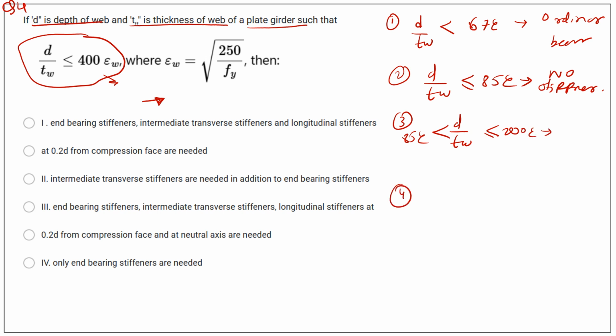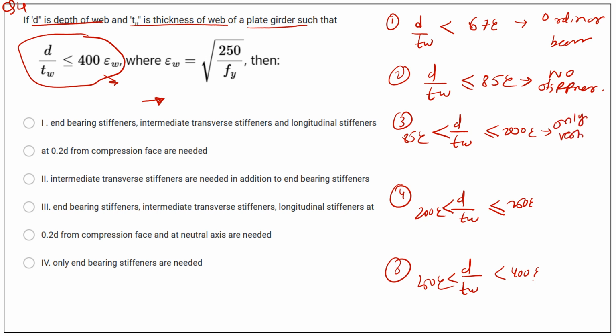Fourth condition is if d by tw is greater than 200 epsilon but less than or equal to 250 epsilon. Fifth condition is if d by tw is greater than 250 epsilon but less than 400 epsilon. These are the conditions. For the first of these, only vertical stiffeners are provided.